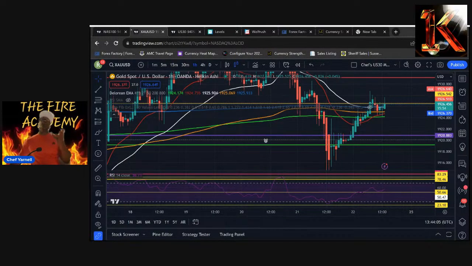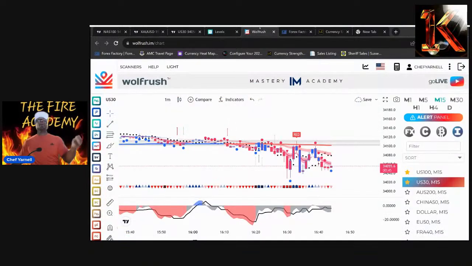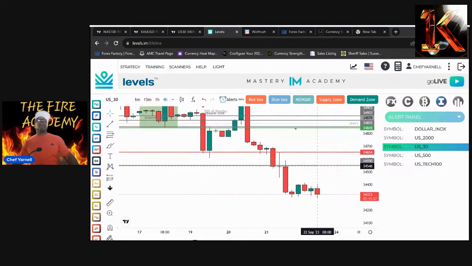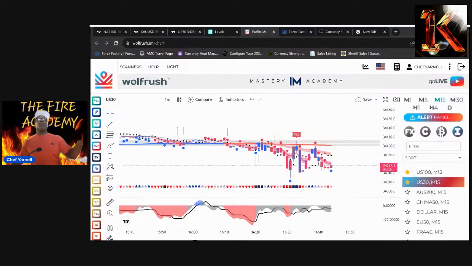So I used to mainly use, after the harmonic scanner, TradingView for my confirmations, but because we have such good tools, go to my tools. And the tools tell me which way the market is going. So I want you to get in the habit of using Levels and Wolf Rush or whatever you choose.